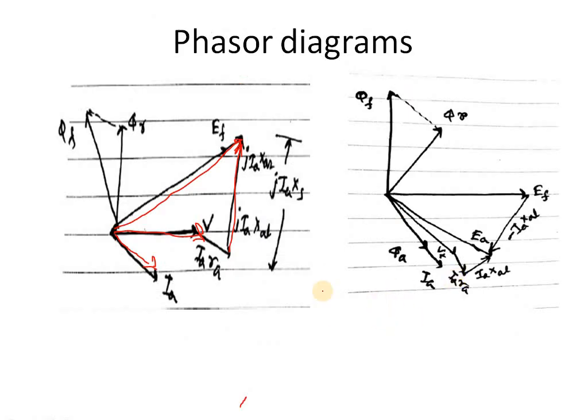It is the combination of XAL plus XAR. Combining both, it is basically jIAXS. Okay, so in that way we have drawn this for the equivalent circuit.